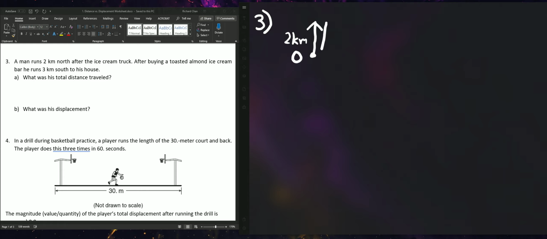And then I go down 3 km. What is going on with my writing utensil? Hold on. Let me redraw this. So we go down 3 km. So now this is my final position.